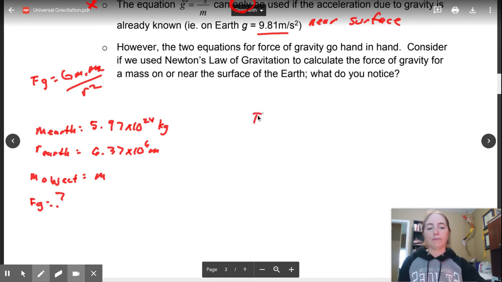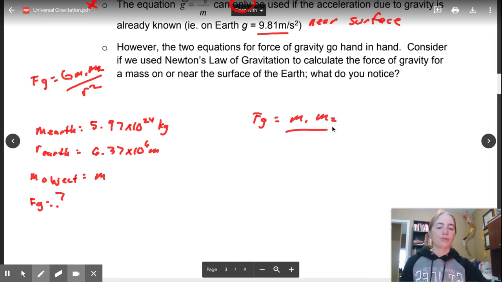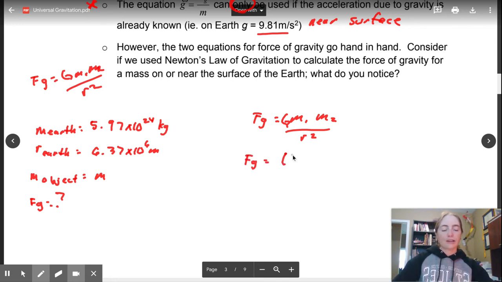So, ladies and gentlemen, Fg equals m1 m2 over r squared multiplied by big G. Don't forget big G. So Fg, now G, data sheet, 6.67 times 10 to the power of negative 11. M1, I'll make mass of Earth.